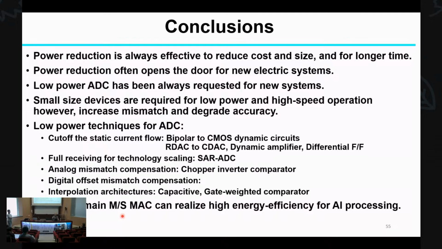So for high speed and low energy systems, selection of technology, architecture, and circuit is very important.